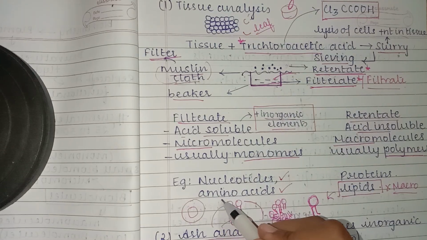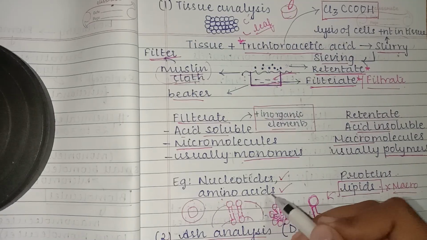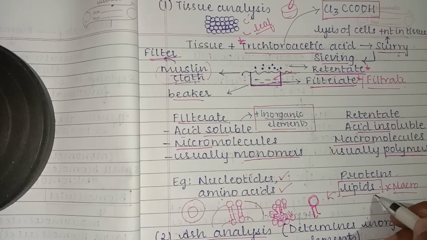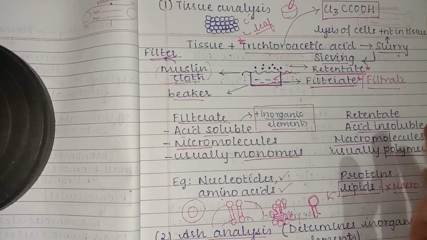Examples are nucleotides, and the other example is amino acids, and here the examples are proteins, which are polymers of amino acids. And there is also one exception which is asked in many entrance exams like NEET PG, NEET UG, and also some other exams like NET, SET, etc. So that was it for tissue analysis.